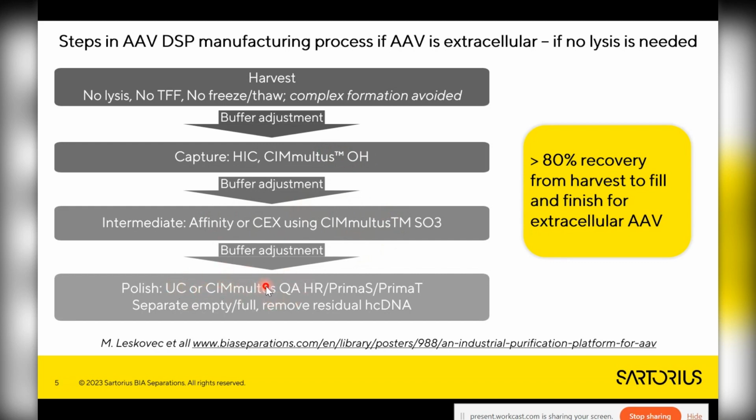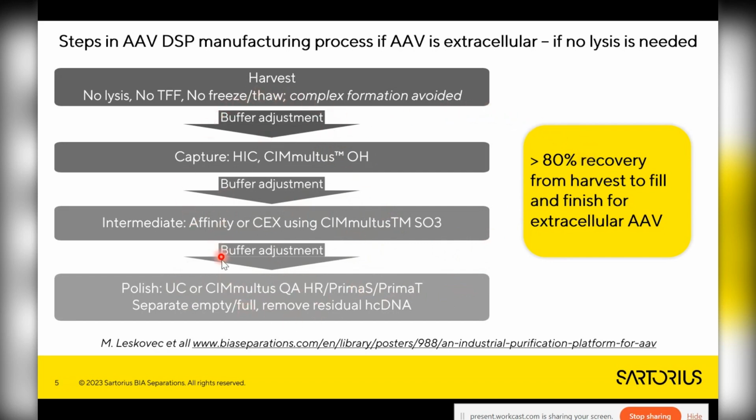In addition to this, we have 3 different columns of 3 different modes. One is strong anion exchanger, QA, nowadays in a new product line with HR, which stands for high reproducibility. I will come to this later on. We also provide Prima S and Prima T, which can also work well with certain serotypes.